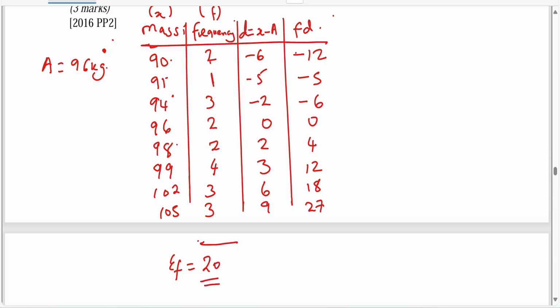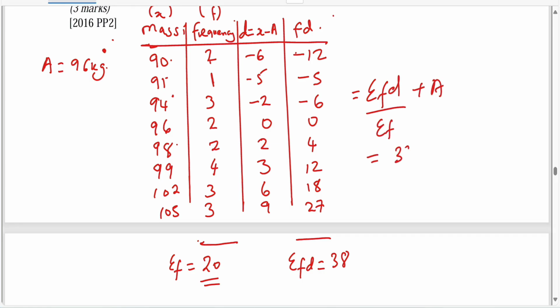Now the sum of FD. You need to add all those FDs: negative 12 plus negative 5 plus negative 6 plus 4 plus 12 plus 18 plus 27, which gives you 38 to be precise. To find the mean using the assumed mean, you use this formula: sum of FD over sum of F, plus your assumed mean.